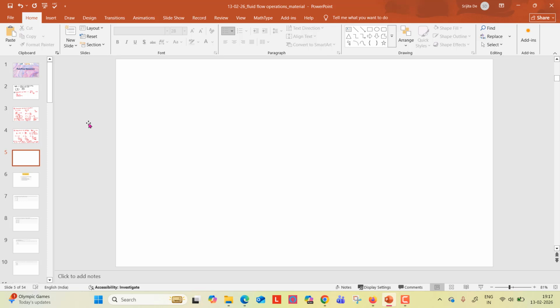So now suppose N is an arbitrary extensive property, which depends on mass. That means it has some kind of unit related to kg.